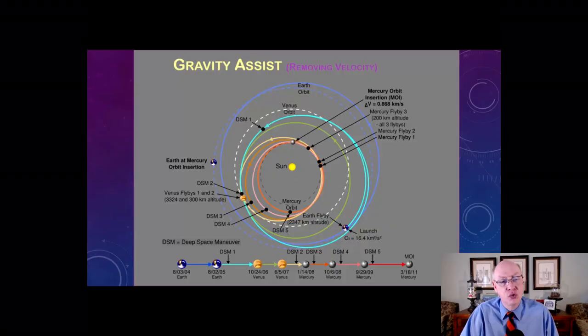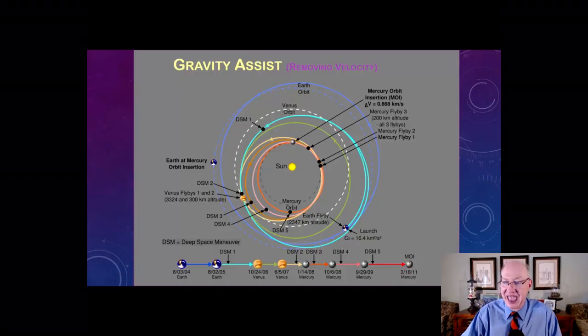Instead, what we had to do was use a number of flybys: the Earth, 2 flybys of Venus, and 3 flybys of Mercury to lose enough speed. In this case, we weren't trying to speed the spacecraft up. To fall into the inner solar system, you have to lose speed. So at each of these encounters, we were using the gravity of the planets to slow down the spacecraft so that it could fall further into the solar system and eventually get caught in orbit around Mercury.